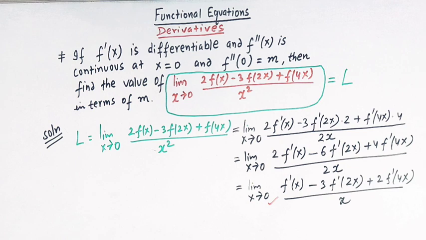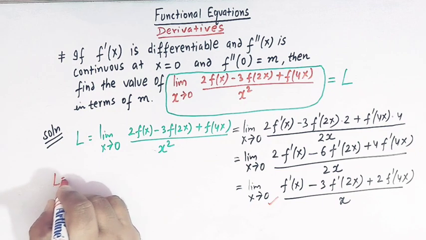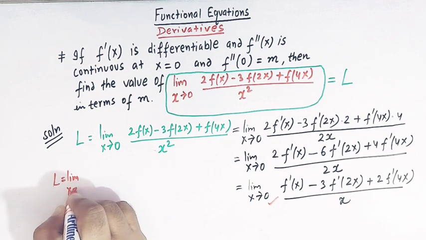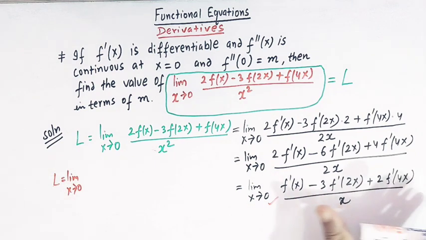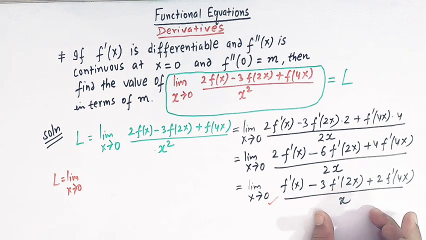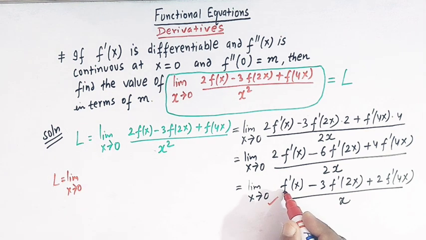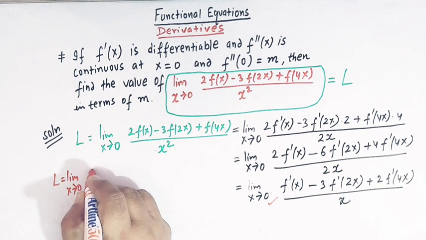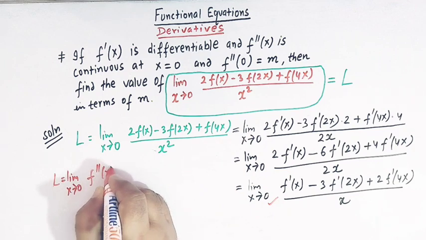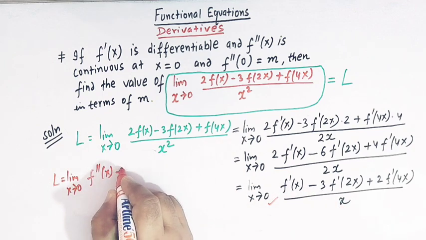Now let us once again apply the L'Hopital's rule to this limit, right? So what we have is limit x tends to 0, and we'll differentiate the numerator and denominator separately with respect to x. So now the derivative of f prime of x is f double prime of x. Then we have minus 3.